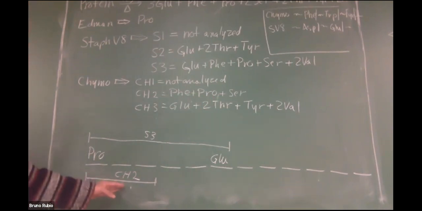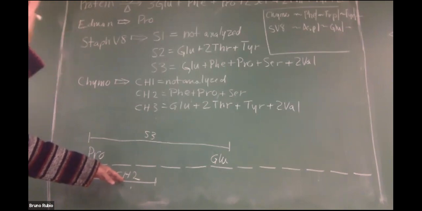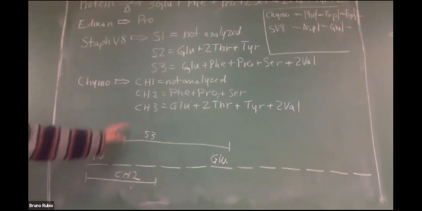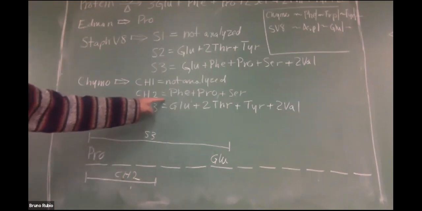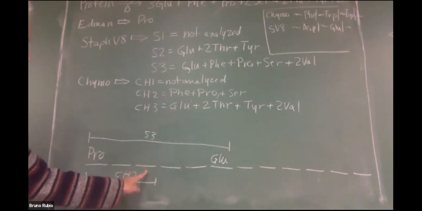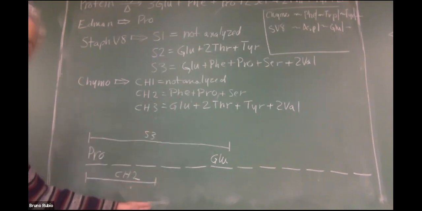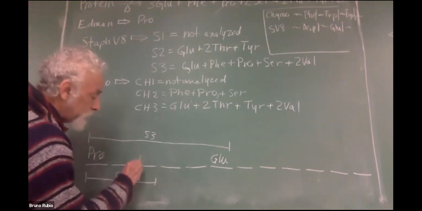What else I know about CH2 is that it's a chymotrypsin fragment, and chymotrypsin breaks after phenylalanine, tryptophan, and tyrosine. CH2 has this phenylalanine in it. That must be where the phenylalanine lived, because chymotrypsin broke after this phenylalanine residue.